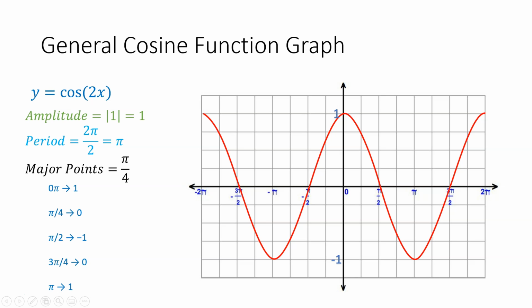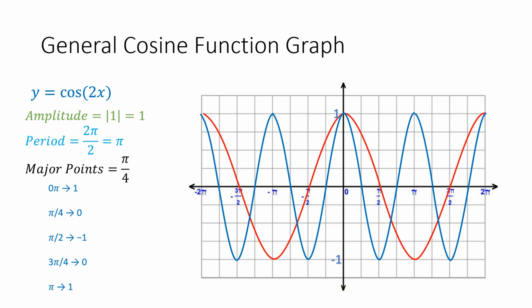We have 0, pi over 4, pi over 2, 3 pi over 4, and then pi. Our y values do not change because the amplitude remains the same at 1. So it will remain 1, 0, negative 1, 0, and 1. And when we graph it, we can see that it almost looks like we have crunched the graph in a little bit.